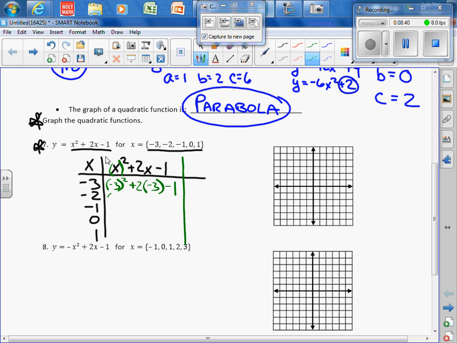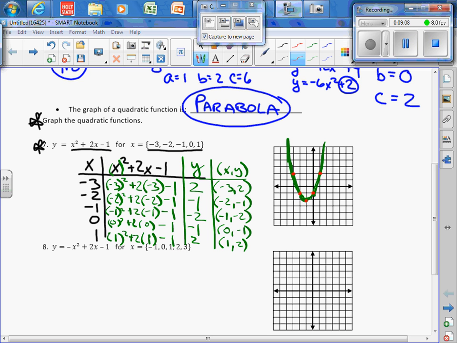Do the same thing with negative 2, negative 1, 0, and 1. Go ahead and plug those into your calculator and pause the video for just a second while you figure those out.